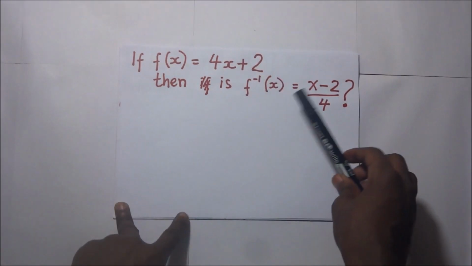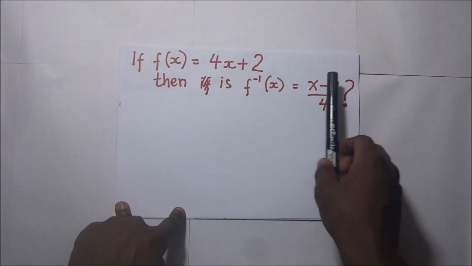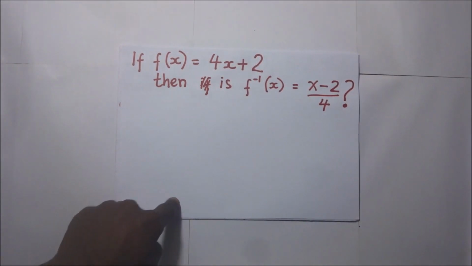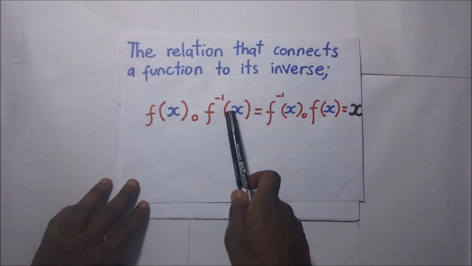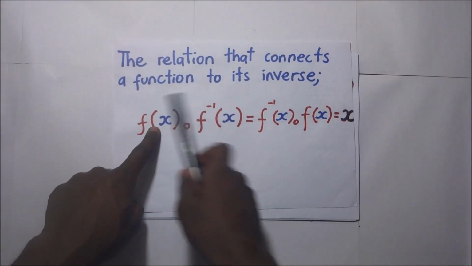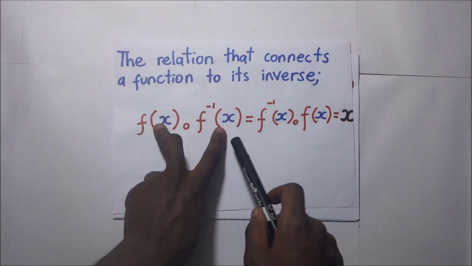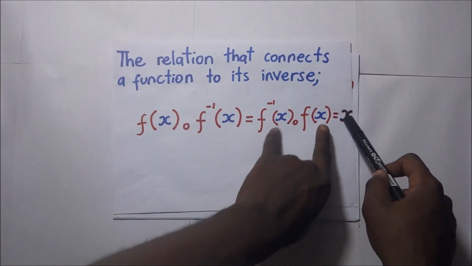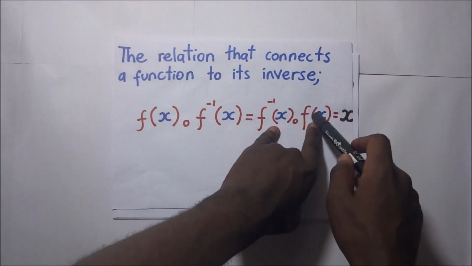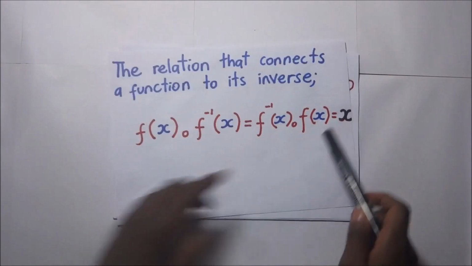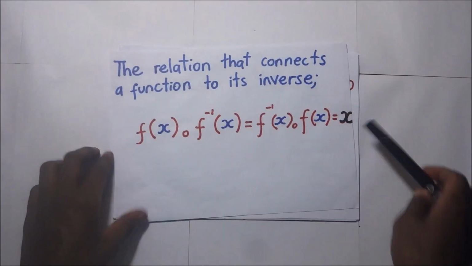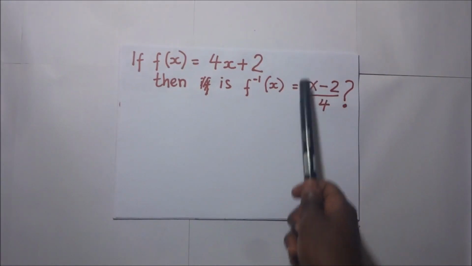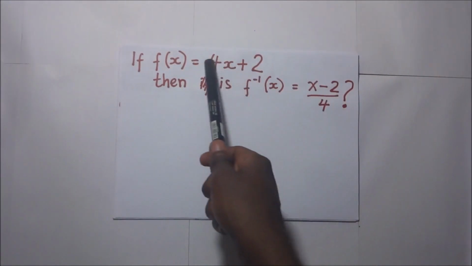For us to prove whether this function is indeed an inverse of that, we are going to use this relation and see if it equals x. Then we are going to work out this as well and see if it is equal to x. If this relation is fully satisfied, then we can conclude that yes, it's indeed true that this function is the inverse of the other.